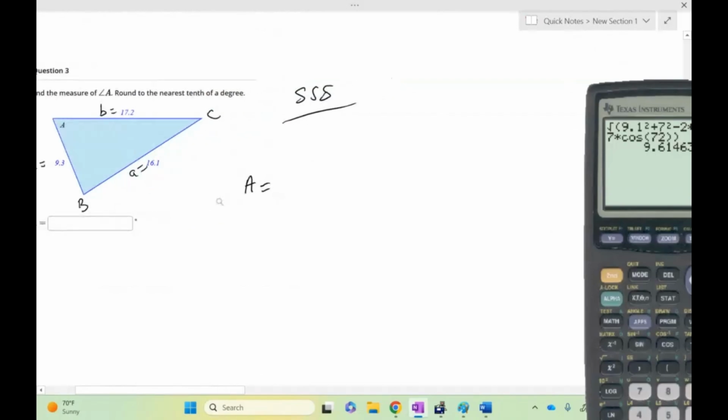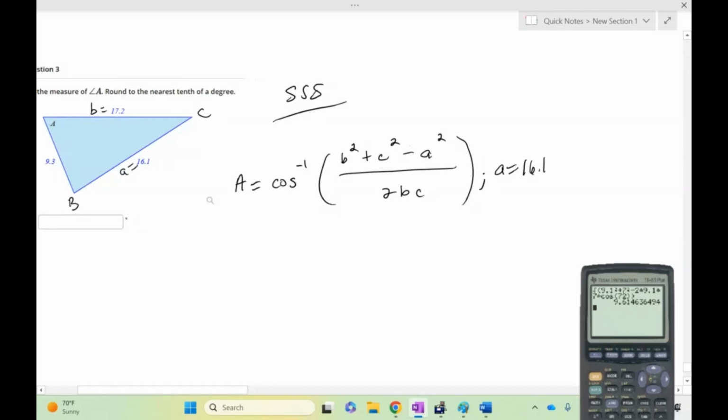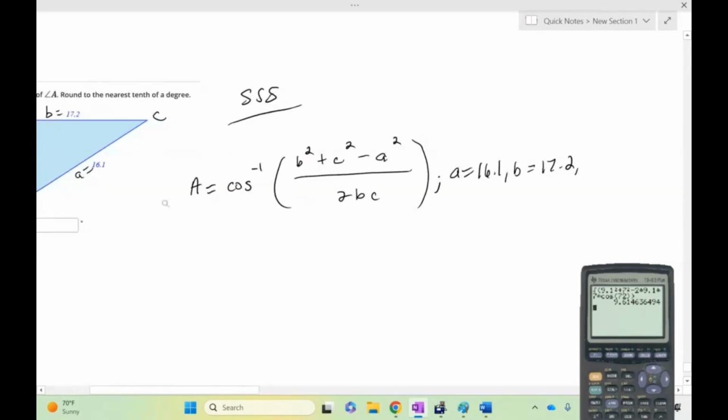So A is equal to arc cosine. All right, so we're going to substitute A for 16.1, B for 17.2, and C for 9.3.